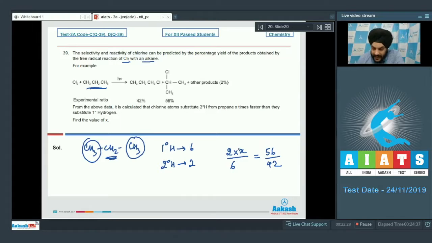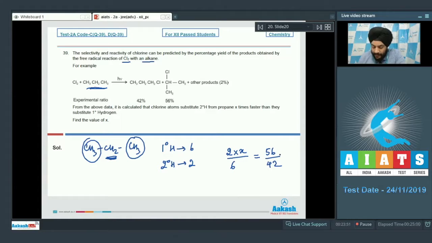So students, what we have done here is we have taken the number of secondary hydrogens, which is 2, divided by the number of primary hydrogens, which is 6, along with the ratio of the reactivity of the chlorine with the secondary hydrogen to the primary hydrogen. It is given to us as X in the question itself.